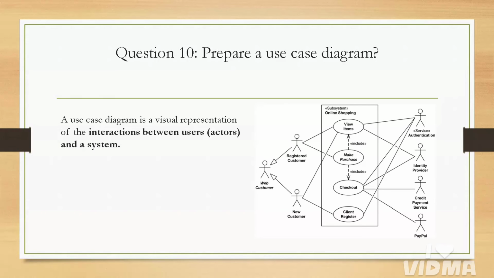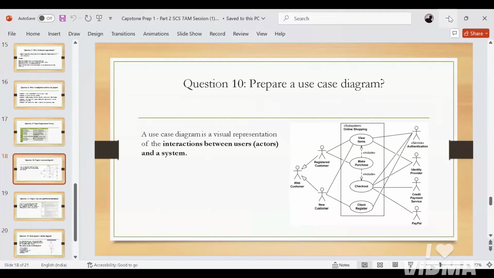Each and everything will be represented visually. So this use case diagram provides the high level representation of the interaction between the actors and the functionalities in the system. So let me share that with you.